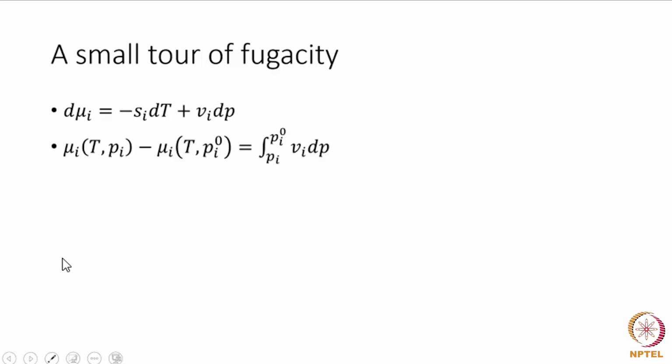Now we would like to integrate, keeping the temperature constant, going from pressure Pi naught to Pi, and you can clearly see that the left hand side can be directly integrated, it is a state function, and on the right hand side, because we have kept the temperature constant, we do not have the term coming from the entropy, and we only have the VdP term, and therefore we are basically writing the integral as it is.